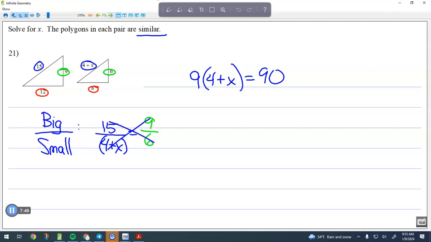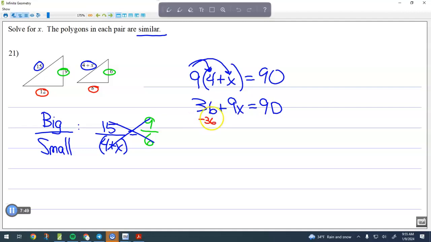So I would probably distribute first. I think that's probably easiest for most of you. 36 plus 9x equals 90. I'm trying to get that x by itself, so what's my next step here? Minus 36.